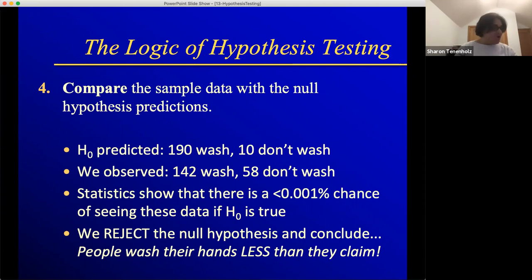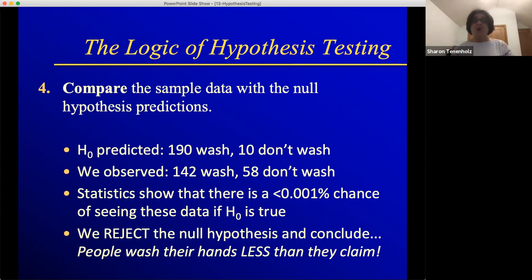That is how hypothesis testing works. We start from this place of skepticism, this null hypothesis saying, yeah, nothing going on here. We use that null hypothesis to predict what our data should look like. We go out and we collect the data, and then we calculate the probability of seeing these data if the null hypothesis is true.